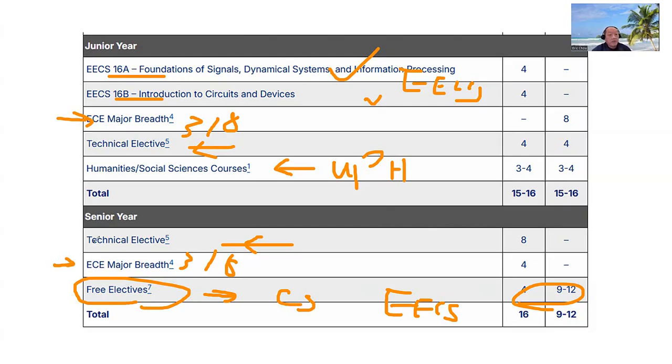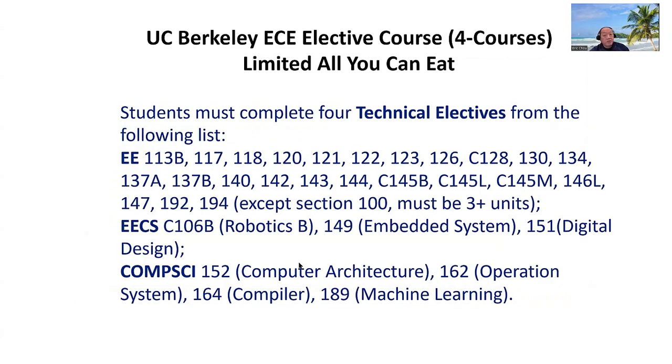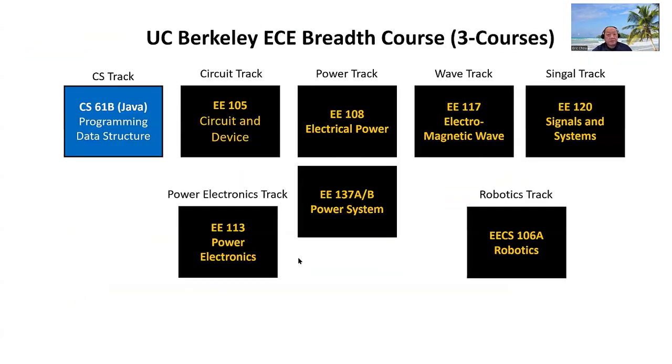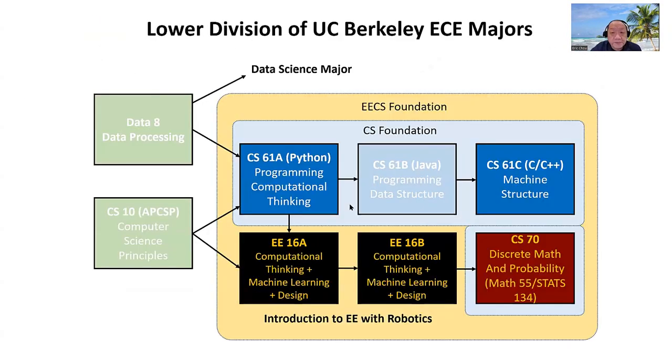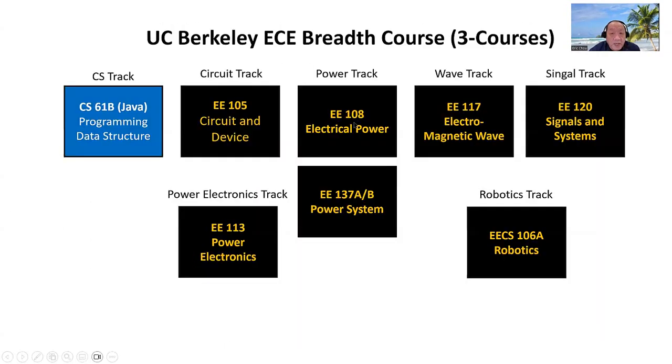So what we would like to summarize about this major is almost the same as EECS, except that 61B becomes elective 3 in 8, and then 70 can have the alternative of 55, and then added the pick 3 from 8 courses for double E majors.